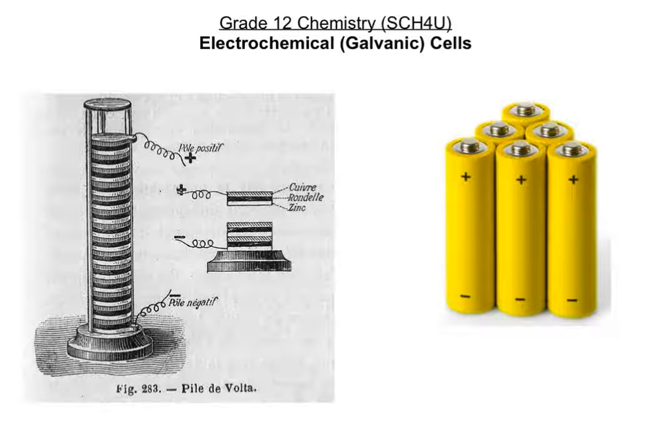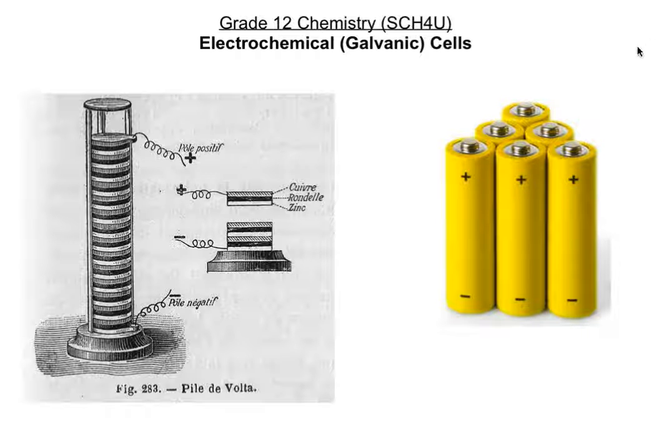They could allow transfer, and so it was the spontaneous discharge of electrons as a result of a redox reaction that allowed for the generation of this current. Volta didn't realize that at the time, but that's really what it was. It was a redox reaction.